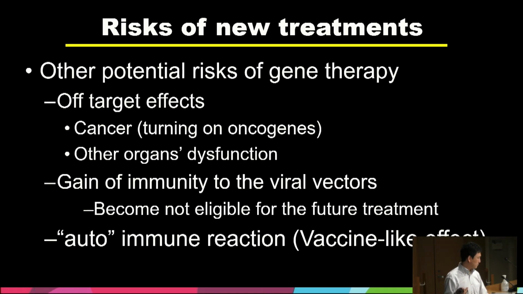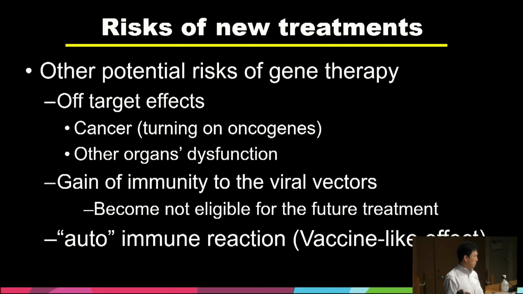Other potential risks for gene therapy include off-target effects. Cancer is possible. This is something we want to talk about in the roundtable. The gene can get into the DNA, and if it goes to a very critical component of DNA, it can turn on cancer genes. So that's how cancer can happen.